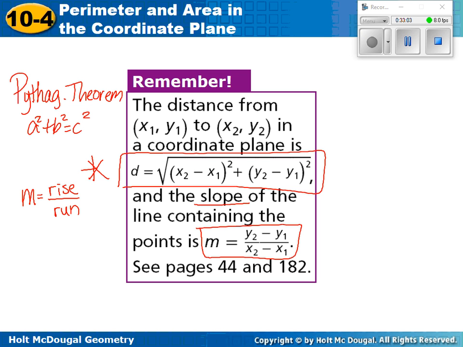Not -1, -4. -1 minus -4. Plugging into your distance formula, guys. Back at your distance formula if you've forgotten. It's x2 minus x1. So -1 minus -4.